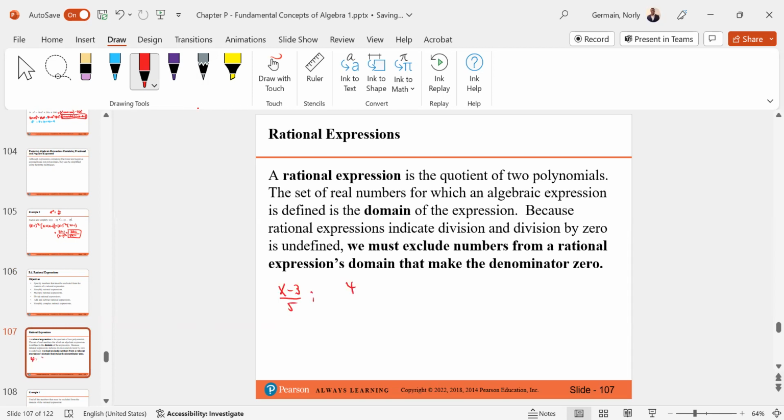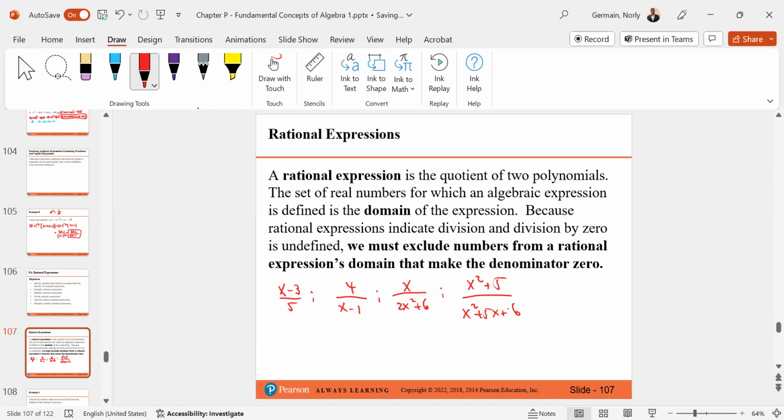If we have 4 over x minus 1, or x over 2x squared plus 6, or let's say x squared plus 5 over x squared plus 5x plus 6. Those are a few examples of rational expressions.